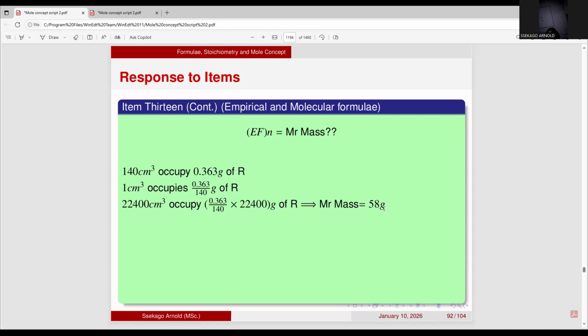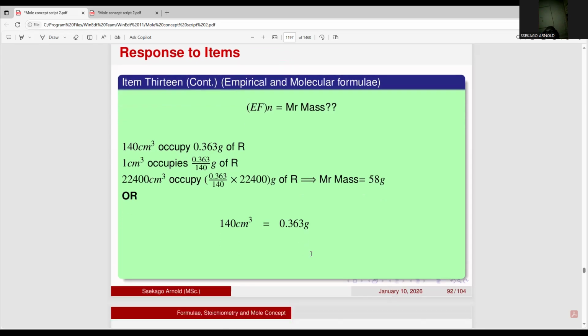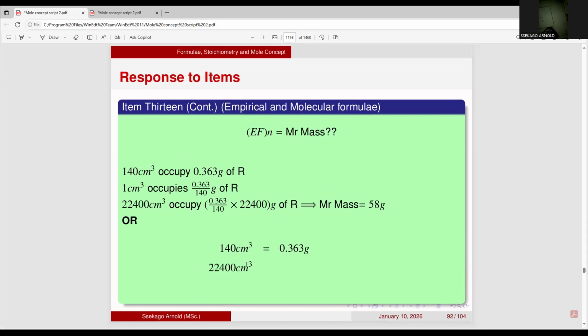Now, this is the first approach towards determining molecular mass. Another learner will say, what have you given me? You've given me 140 centimeters cubed, and this is equal to 0.363 grams. Now, this learner will ask him or herself, if this is what is given, then what of the standard 22,400 centimeters cubed?